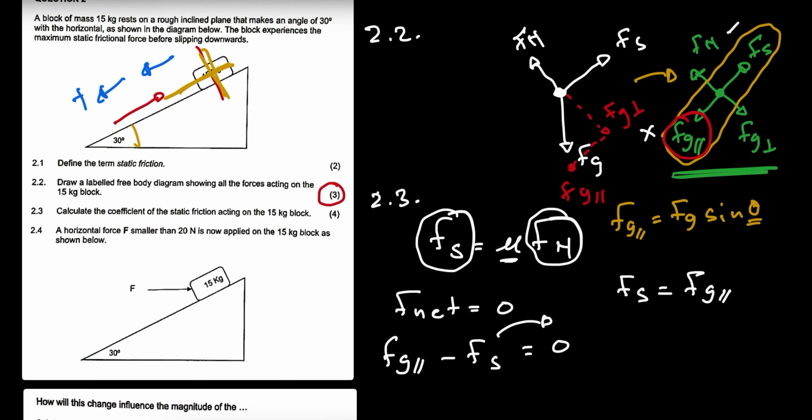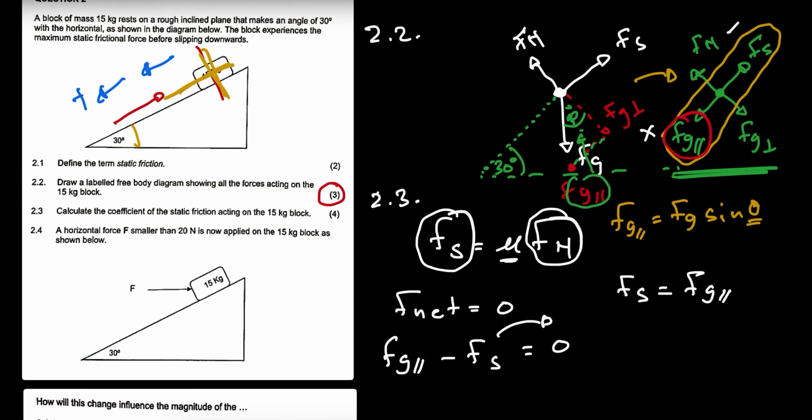So let me try to explain why you use the sine of theta. If we extend this free body diagram, you will see that the angle that we have is going to be 30 degrees here. So this angle of 30 degrees is the same angle as the 30 degrees there. Now if we look at the FG parallel, which is this part here, it is actually opposite the angle.